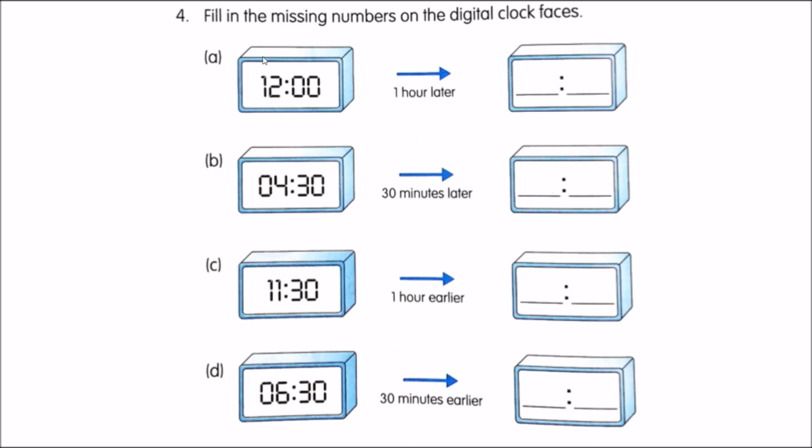This is digital time. So here you have to write the number. 1 hour later, 1 hour after 12 o'clock will be 1 o'clock.